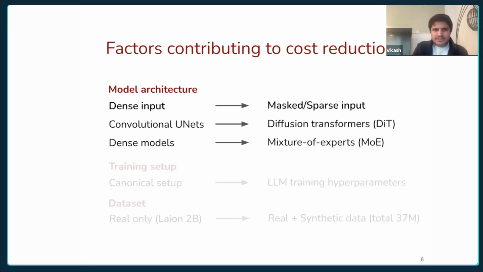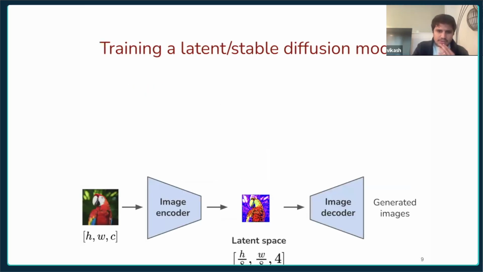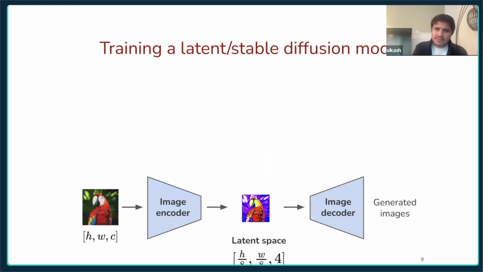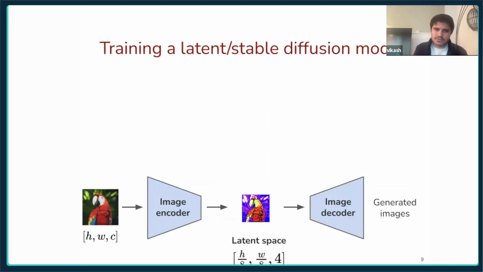So let me summarize the key findings on the architecture front. And maybe before jumping into that, I just want to give a quick overview of the class of diffusion models we train. Whenever I refer to a diffusion model in my talk, I'm implicitly referring to latent diffusion models. Stable Diffusion itself is a latent diffusion model.